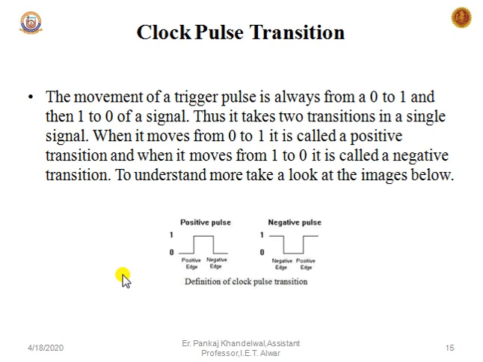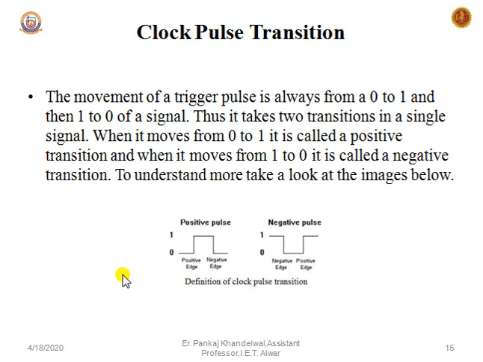The movement of a trigger pulse is always from 0 to 1 and then 1 to 0 of a signal. Thus it takes two transitions in a signal. When it moves from 0 to 1, it is called a positive transition, and when it moves from 1 to 0, it is called a negative transition.